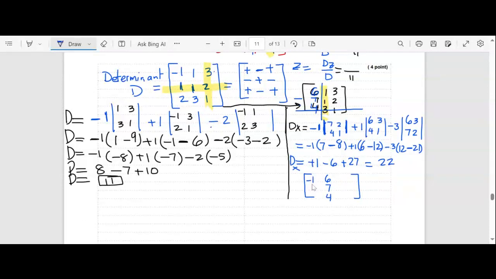Keep the x coefficient the same. Keep the z coefficient the same. Now, to get dy, you have to choose one row that is easy. Which row is easy or column? First one. Or third. Yes, the third one, column or row?